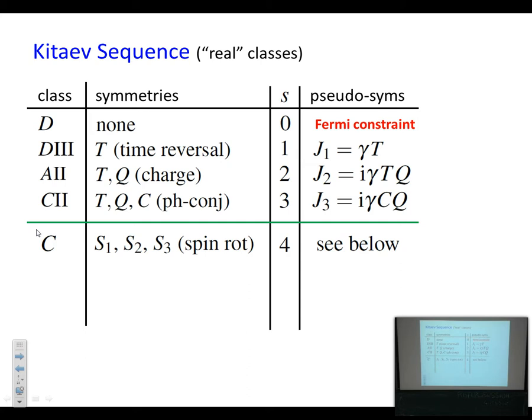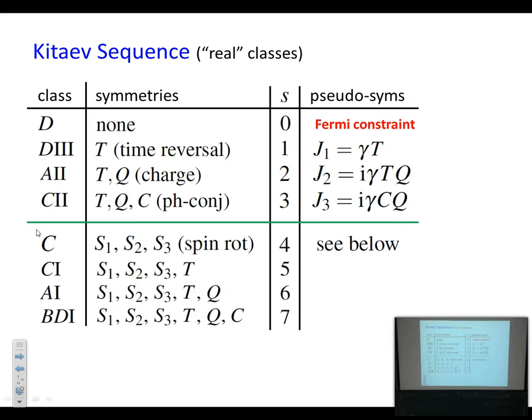In a moment, I shall explain that this situation is equivalent to having 4 pseudosymmetries. And then one can repeat this story. You include T, time reversal, charge conservation, particle-hole conjugation, and this takes you all the way down this list of 8 entries.